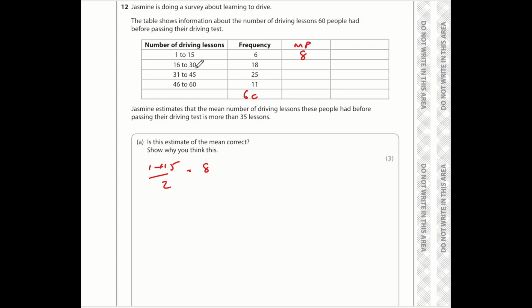16 to 30, what's the midpoint of that? 16 plus 30 divided by 2. 16 plus 30 is 46, and 46 divided by 2 is 23.